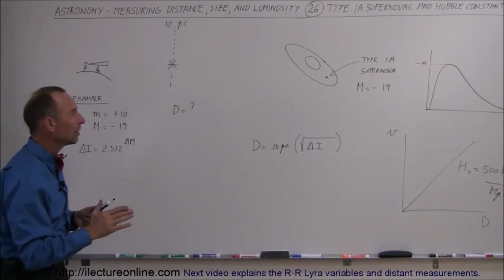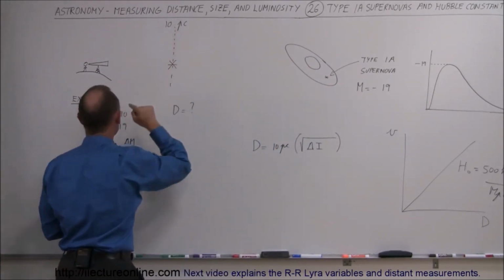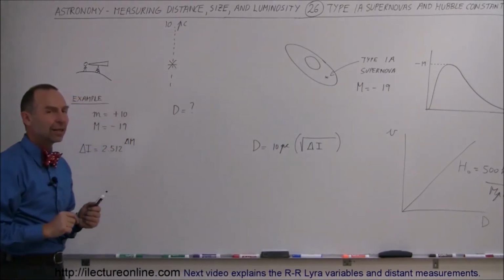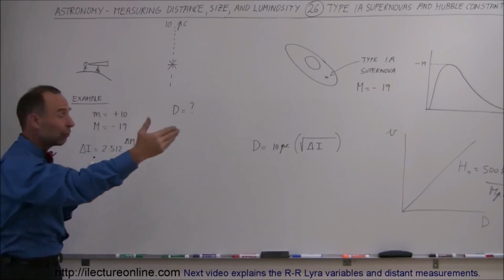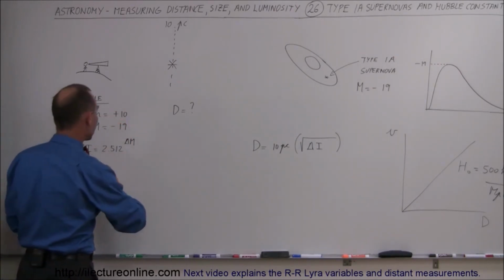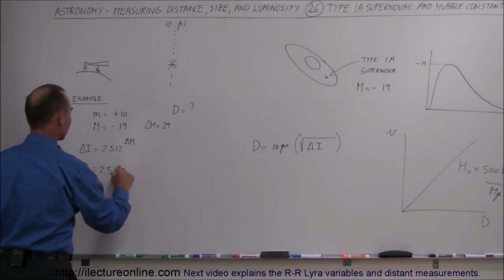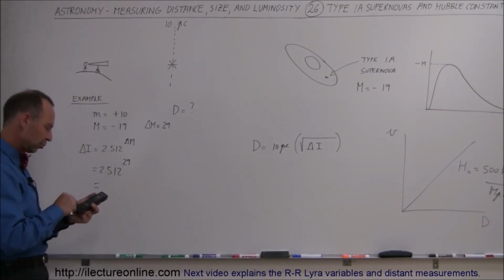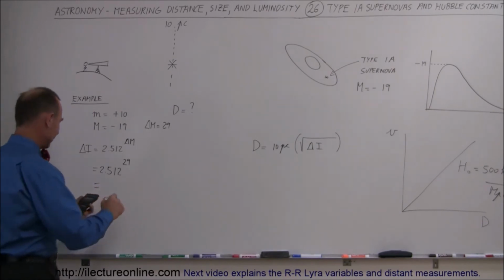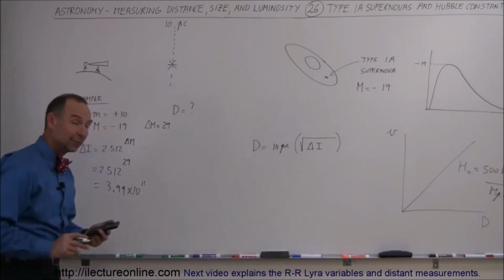So what that means is that if the actual explosion happened at a distance of 10 parsecs, it would have a brightness of -19. But instead, when we measure it, since it's so far away, it only has a brightness of +10. That's a difference in intensity of 3.99 times 10 to the 11th. Big number.